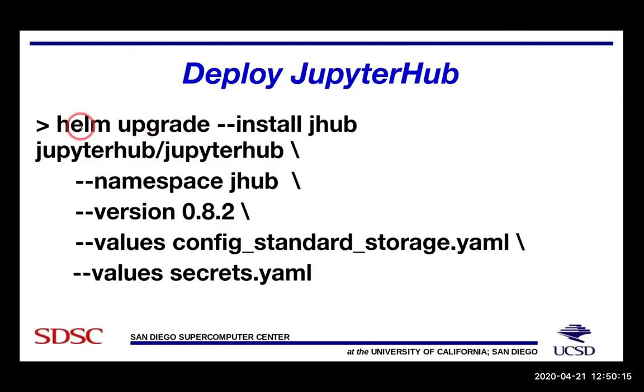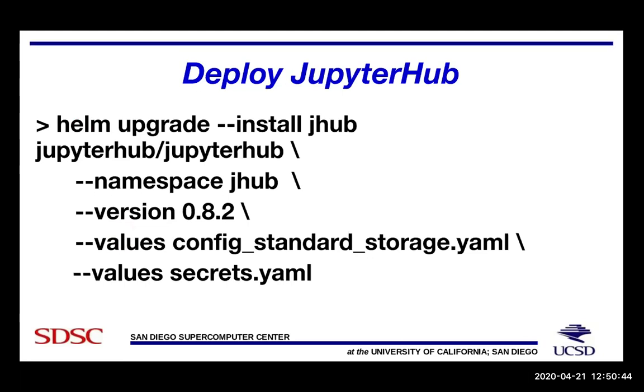So you do helm upgrade --install. Install is used so that you can run this multiple times and change some of the configuration options, and Helm is going to reconfigure the system on the fly.